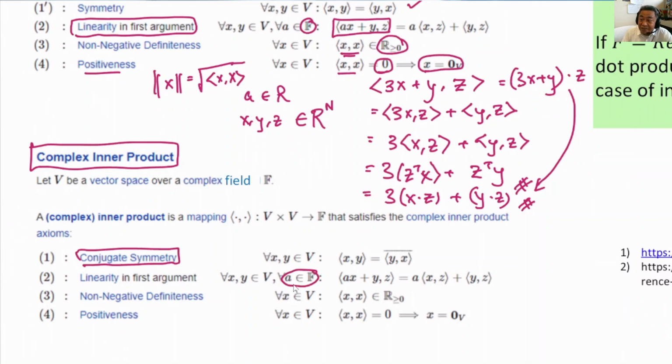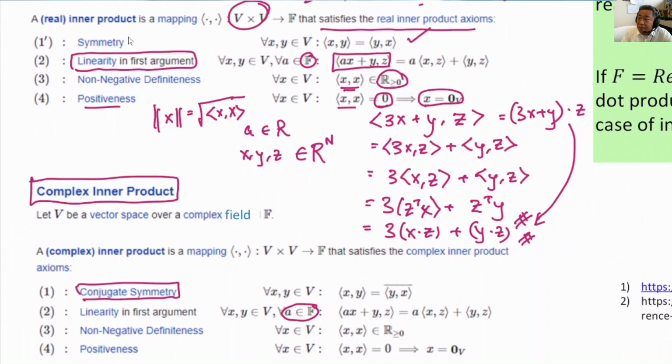Only the scalar a is required. You see, in the real inner product, the scalar a belongs to the reals. In the complex inner product, the scalar a belongs to the complex numbers. x and y are vectors, and of course typically these vectors are now in Cn.